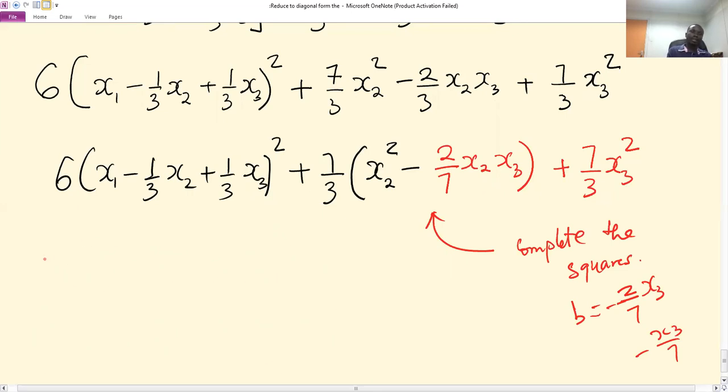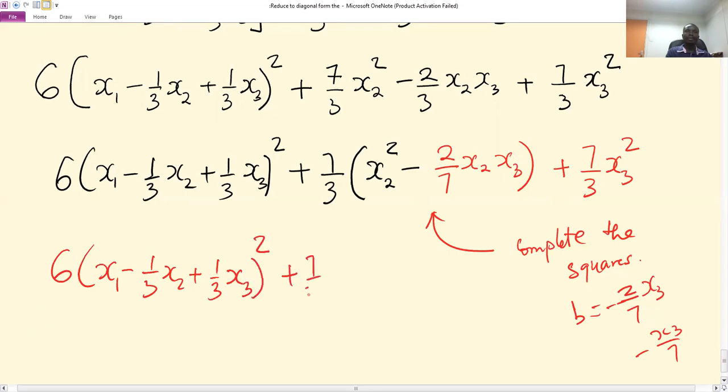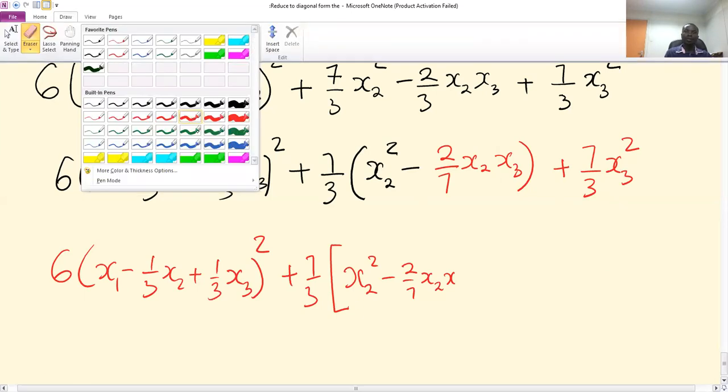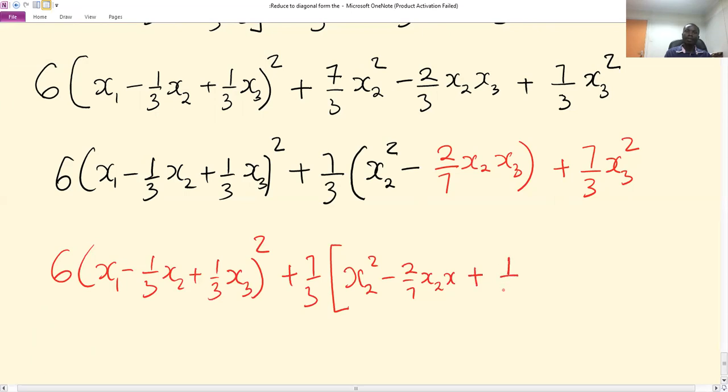So we'll have 6(x1 minus a third x2 plus a third x3) squared plus 7/3 into x2 squared minus 2/7 x2 x3, and then I add the square of b/2, which is minus 1/7 x3 squared.